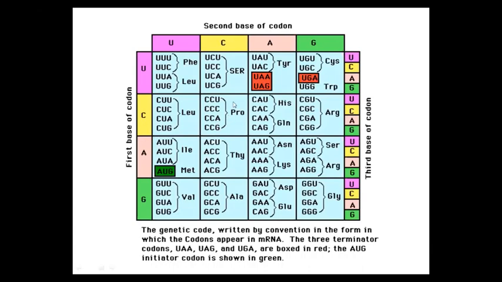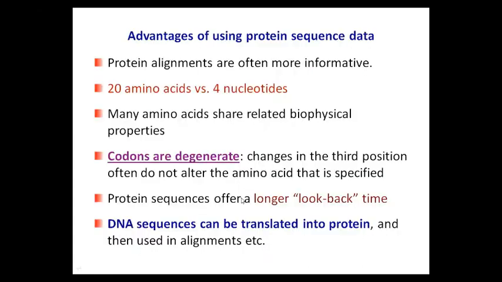So same is true in case of many other amino acids. Because there is a degeneration in the codon, changes in the third position usually do not reflect on the change in amino acid. And that is why many of the events of mutation occurring in the genotype may not have direct reflection on the phenotype.